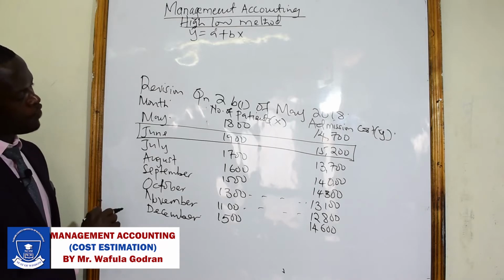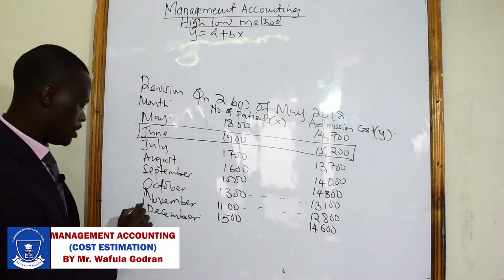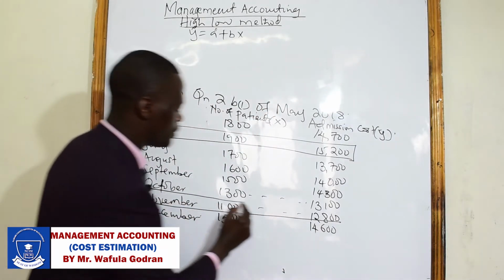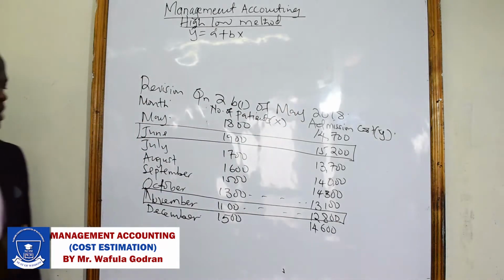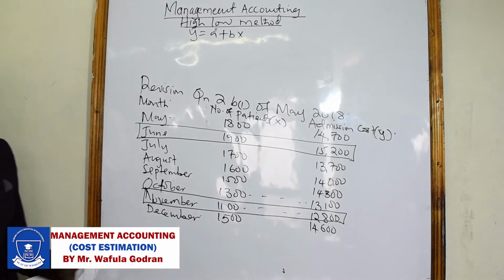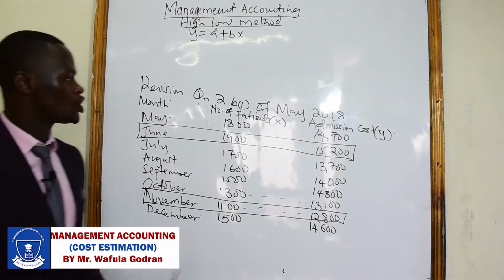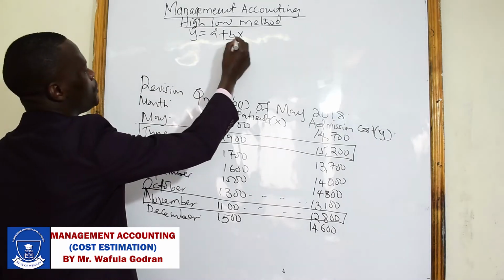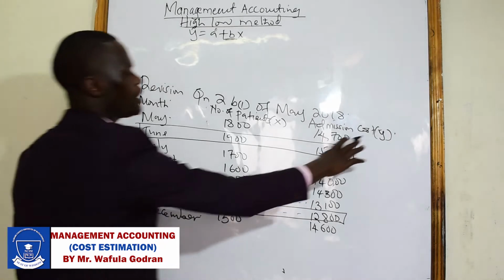The lowest level of activity is in November, which happens to be 1,100 patients, and the total cost there is 12,800.